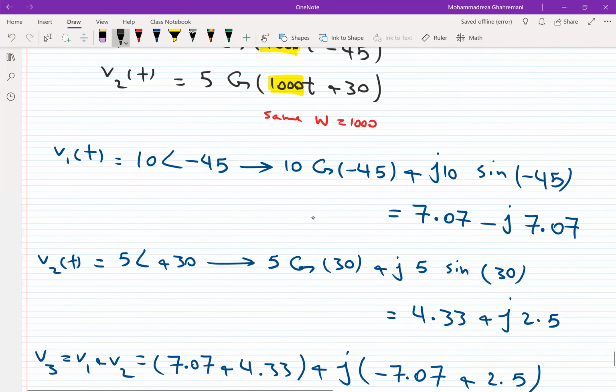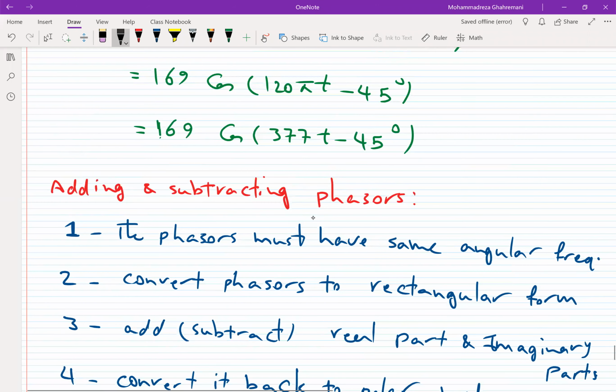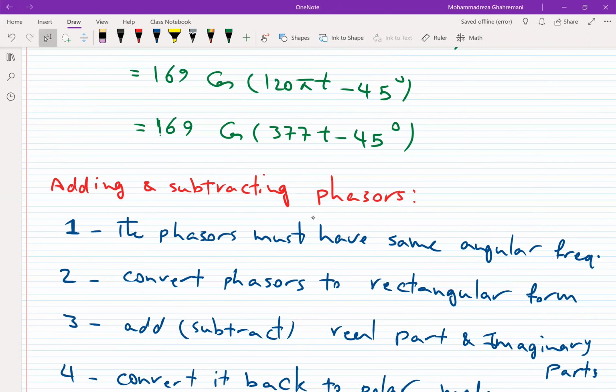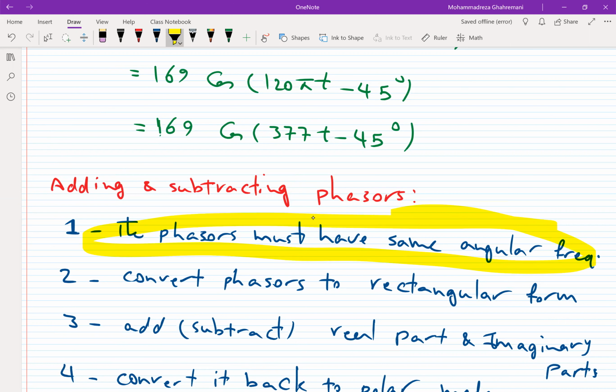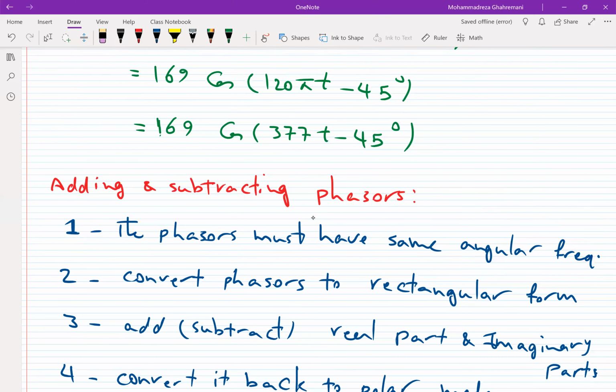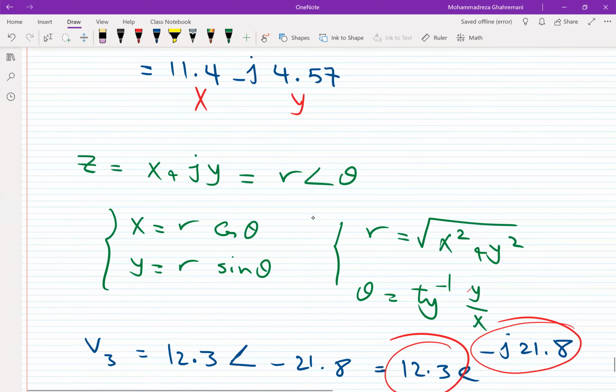For multiplication and addition, we also need to check to make sure that the phasors have the same angular frequency. If they don't, we cannot just multiply or divide them.